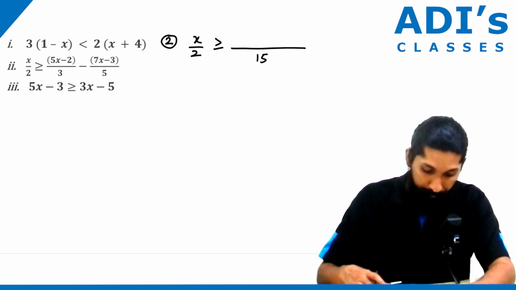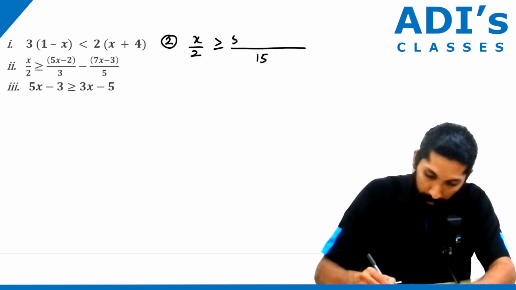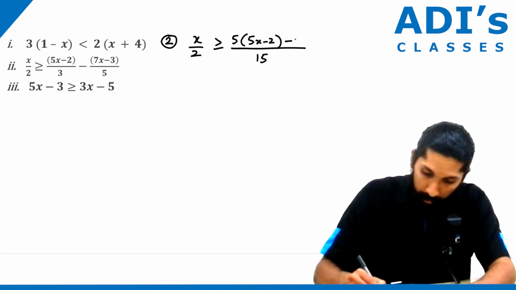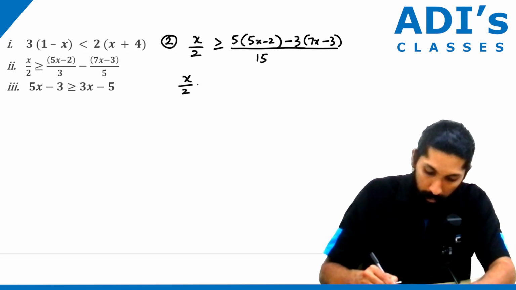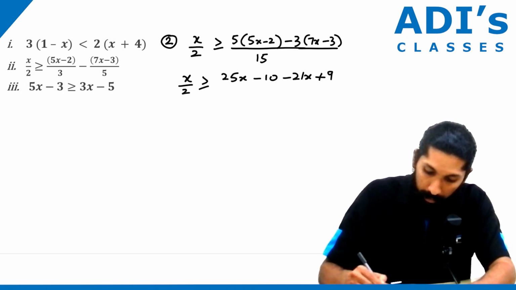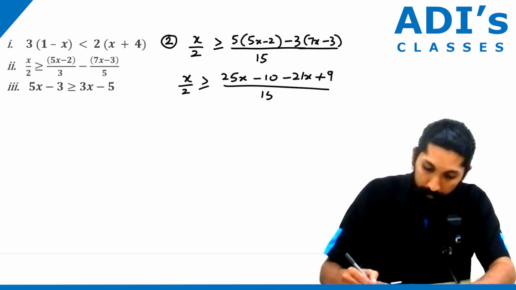So you have 15. So here you have 5 times (5x minus 2) minus 3 into (7x minus 3). x by 2 is greater than or equal to (25x minus 10 minus 21x plus 9) whole over 15.